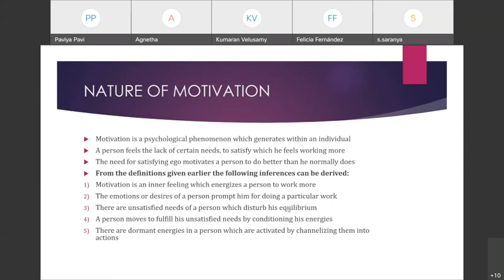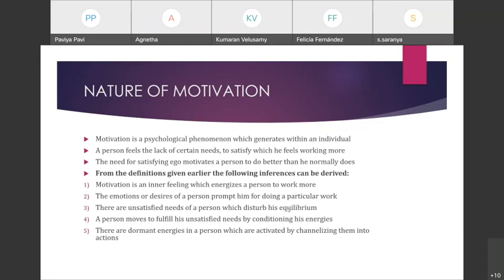Then there is an unsatisfied need in a person which will disturb his equilibrium. That is basically, they will not feel correct, they will not feel content, there will be something missing. So till that is fulfilled, they will be disturbed. Now, once they achieve the goal, there will be a satisfaction in them that they have achieved the goal and they will no longer be disturbed.